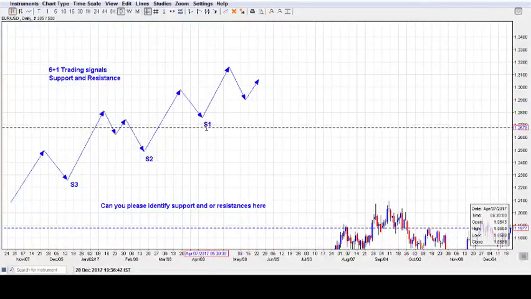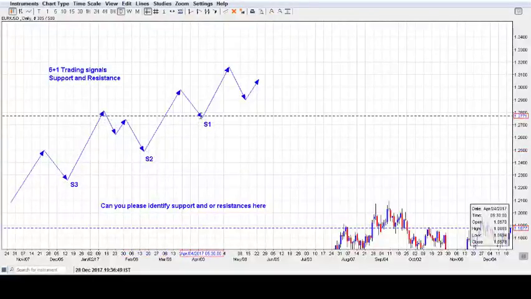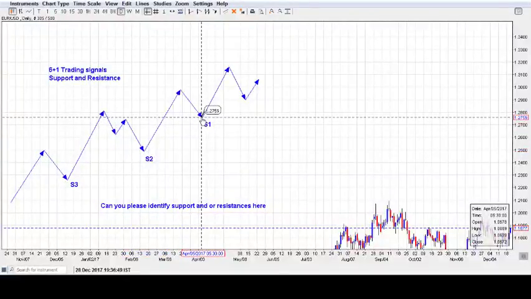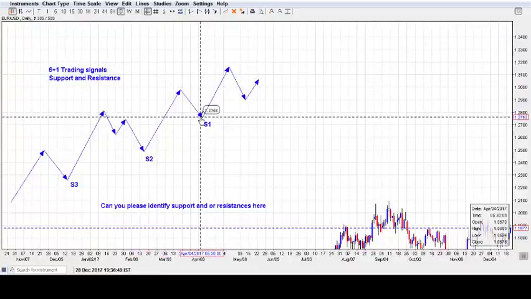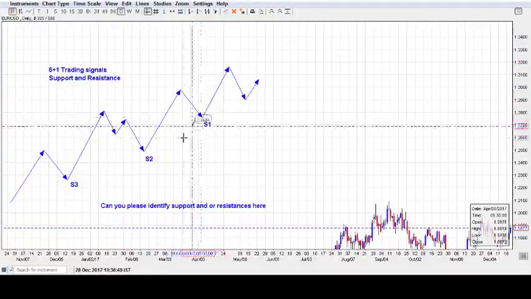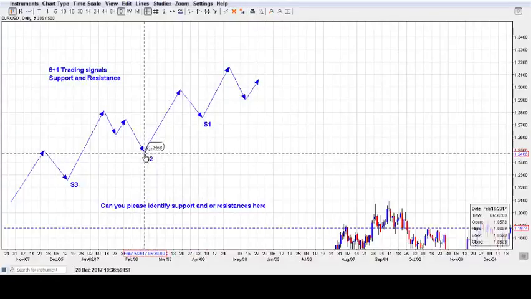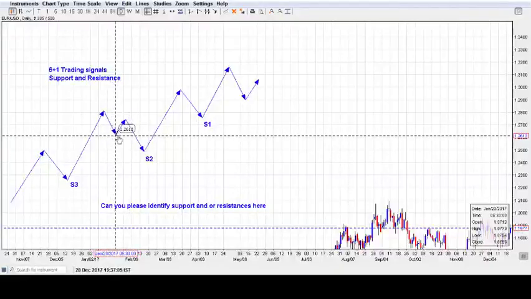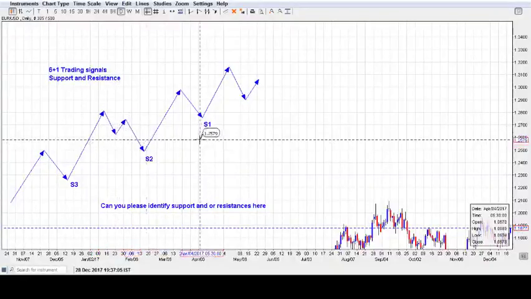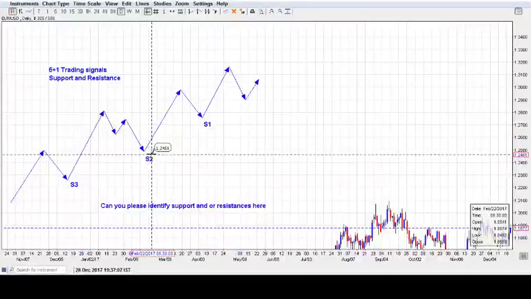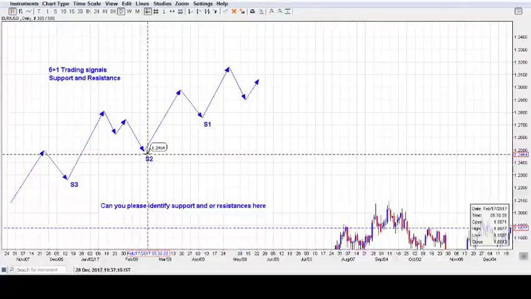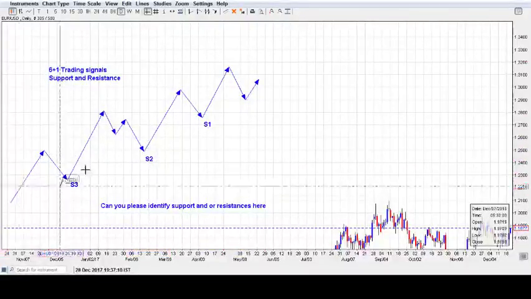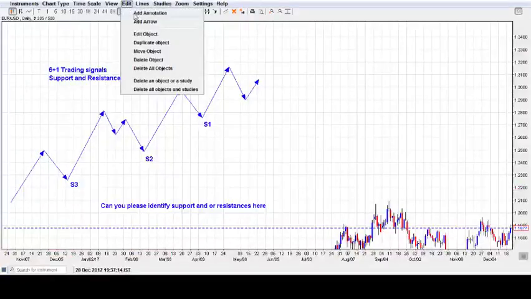Please plot S1, and then don't look on the opposite side. Incline lower. So you need to go here. That's another low. Don't go there. That is a low, but it's not a support. It is a low, but it's not a support on this chart anymore. And then again incline low S3 and one more S4.